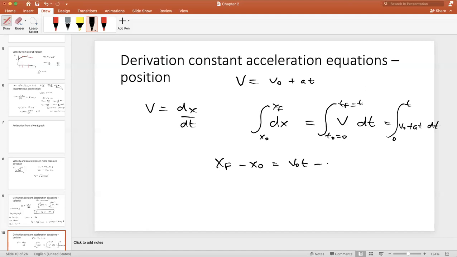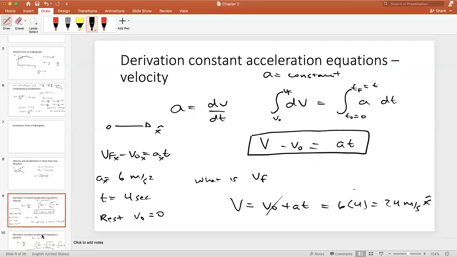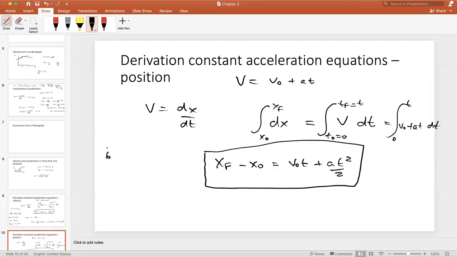over 2. When you integrate t, you add 1 to the exponent and divide by the new exponent. So we add 1 and we get 2 and we divide by the new exponent. This is our equation for the position, right? And we said that a was 6 in the x direction, t was 4 seconds.